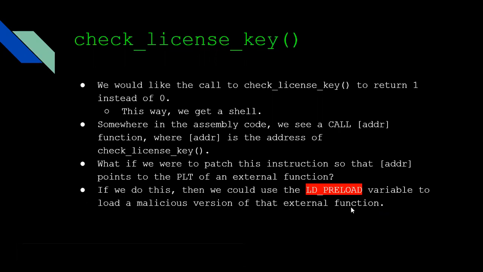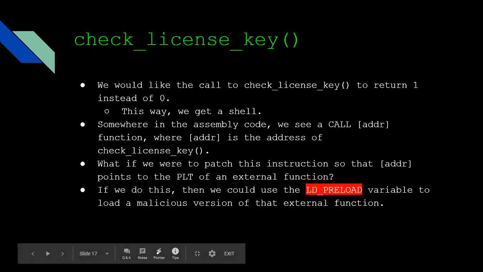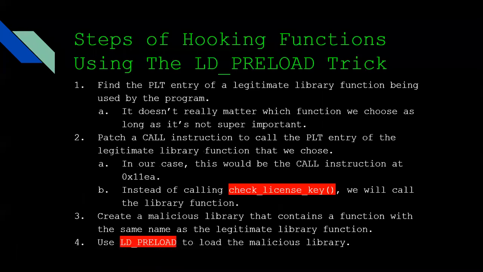And then we would have our code be executed instead of the original code. Our code could just have a single line that says return 1. So it'll always return 1, or sorry, even if the license key is invalid, it's just always going to return 1.